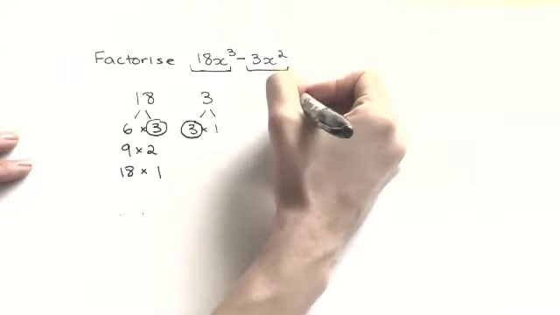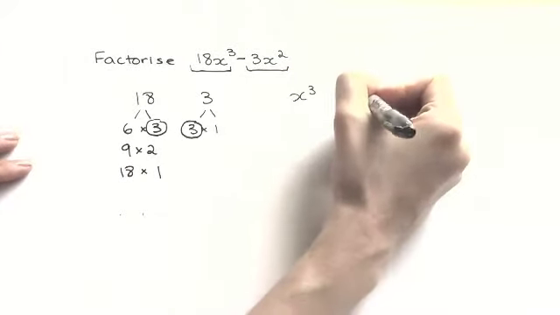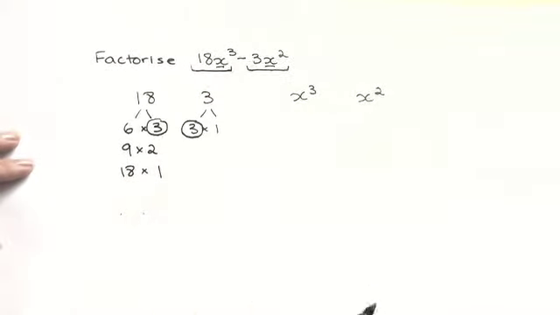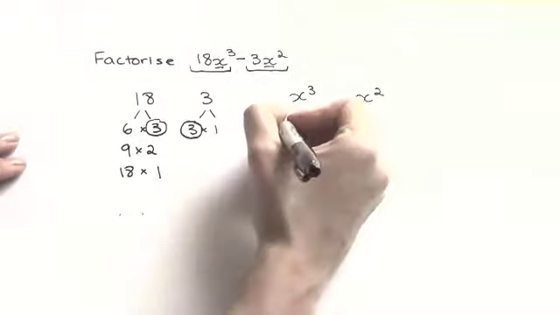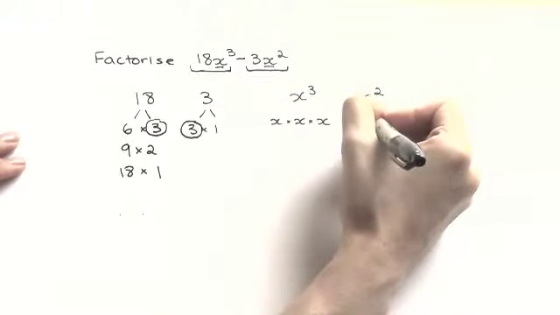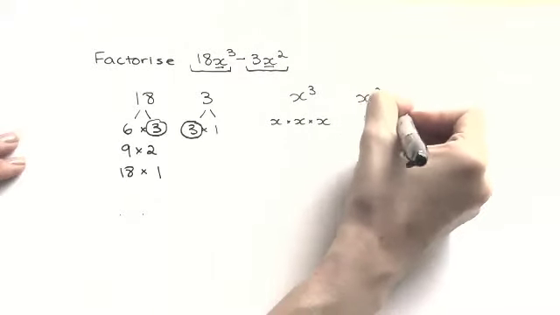Next we want to look at the x cubed and the x squared. x cubed is just x times x times x, and x squared is just x times x.